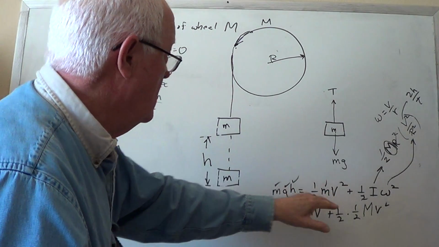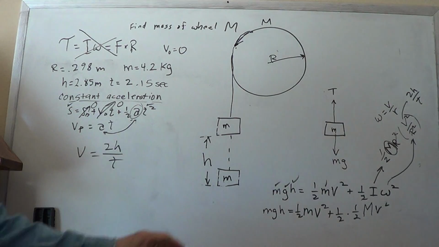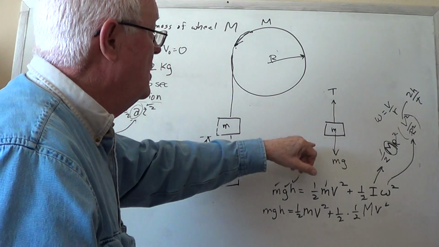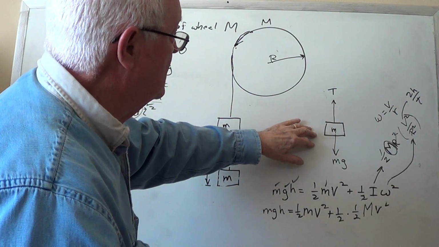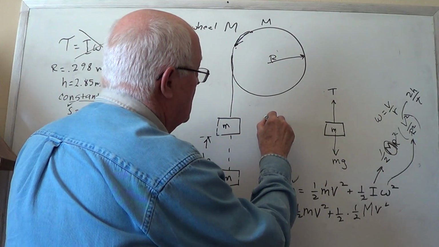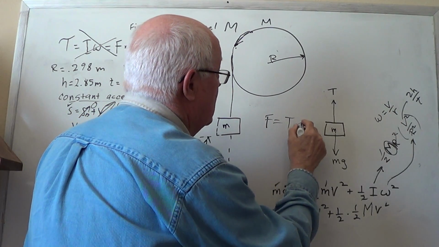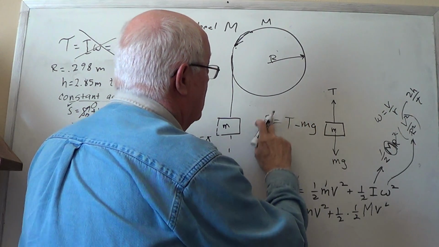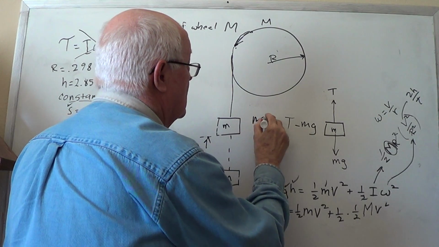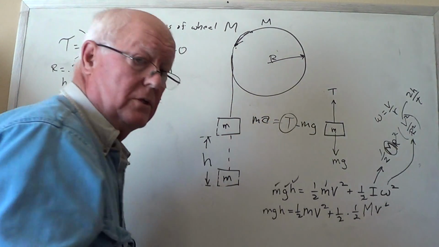You would take v here, come back over here and figure out the a, and once you have the acceleration, the force equation is T minus mg equals mass times acceleration, which you would just calculate, so you can solve for T.